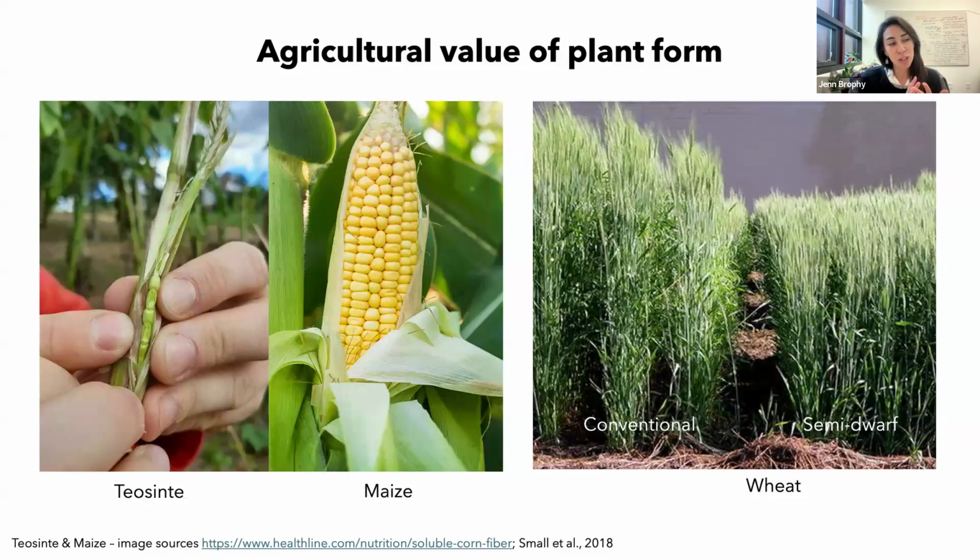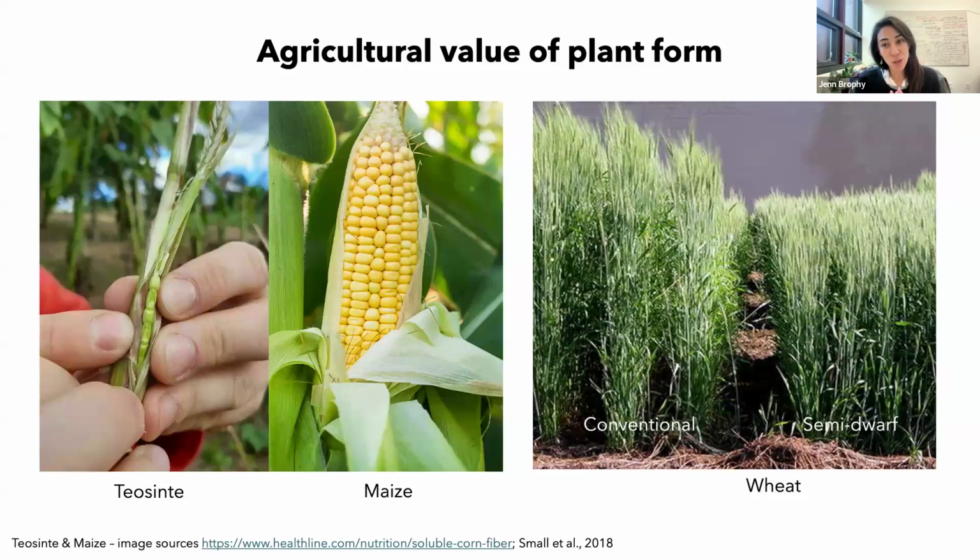On this slide, I'm showing two pretty famous examples in which people have changed the size and shape of plants through breeding. On the left is modern maize, which was bred from its wild ancestor, teosinte, to increase both the size and the number of seeds that the plant produces.